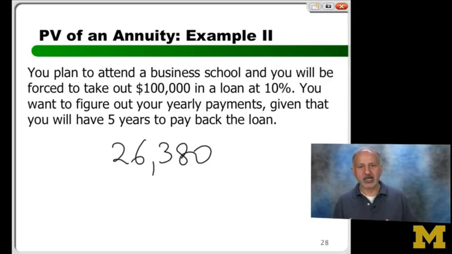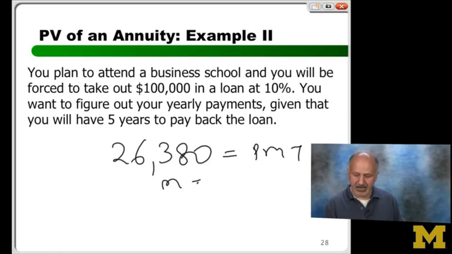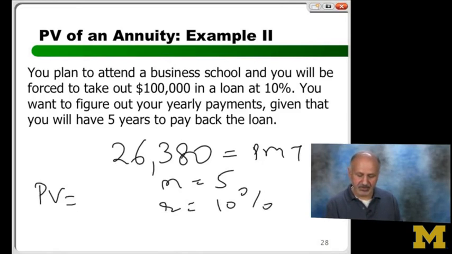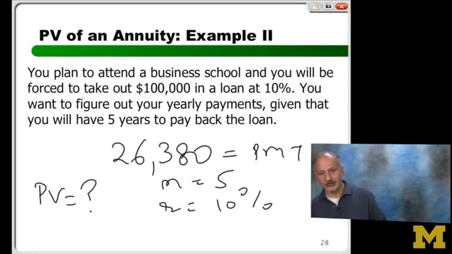So what I'm going to do now is I'm going to take the 26,380 and do this. What should be the present value of this with N of 5 and R of 10%? What should be the PV? If you can answer that question, you know how to mess with Excel.